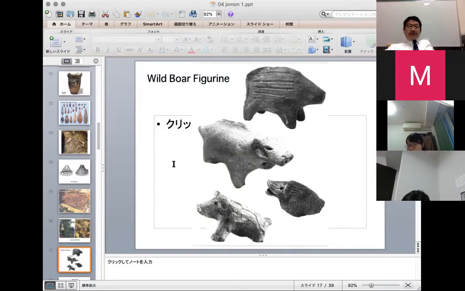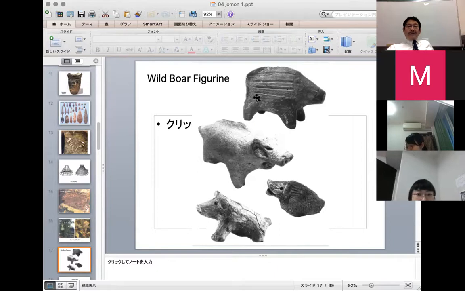But we see some indications about the baby boars. These are figurines of the animals. They made so many figurines of human shape and some animal shapes too, various types of animals, except for deer. They didn't make deer figurines. We don't know why. They made a lot of wild boar figurines like these. And we can't be too sure, but this wild boar has a stripe on its body.